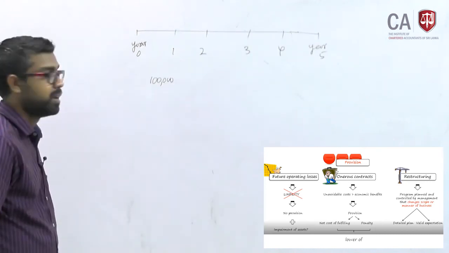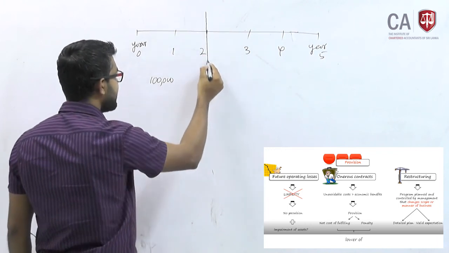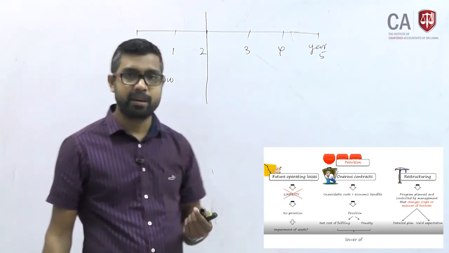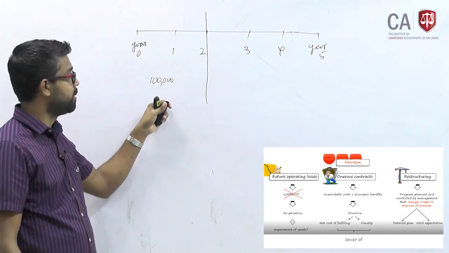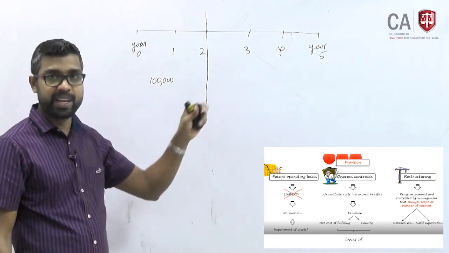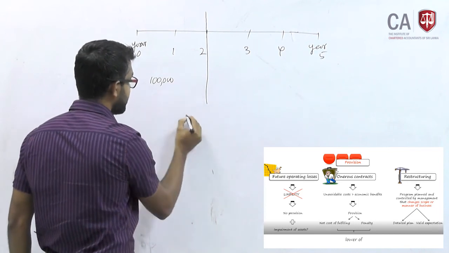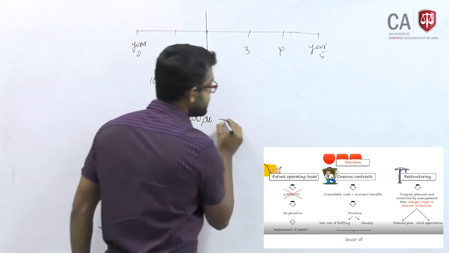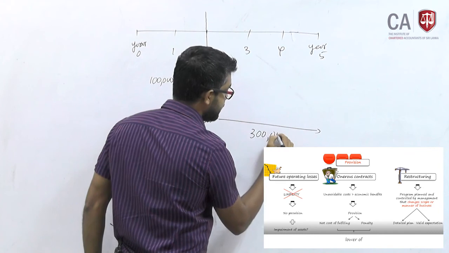Simple example. Here you are at the end of the second year. According to the agreement, you have to pay 100,000 rupees every year. So you have already paid 200,000 rupees, and for the balance 3 years you have to pay how much? 300,000.